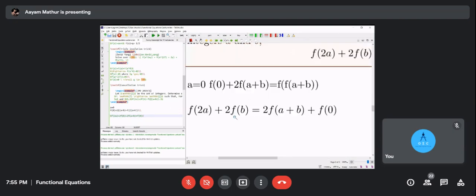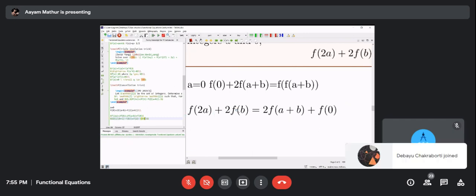Now, looking at these two terms, you see that this term has a 2 and this term has a 2, and then this is b, and you could just plug in a equal to 1 here, and then you get 2 times f of b plus 1 minus f of b equals, by plugging in a equal to 1, f of 2 minus f of 0. Just moving this term to this side and this to this side.